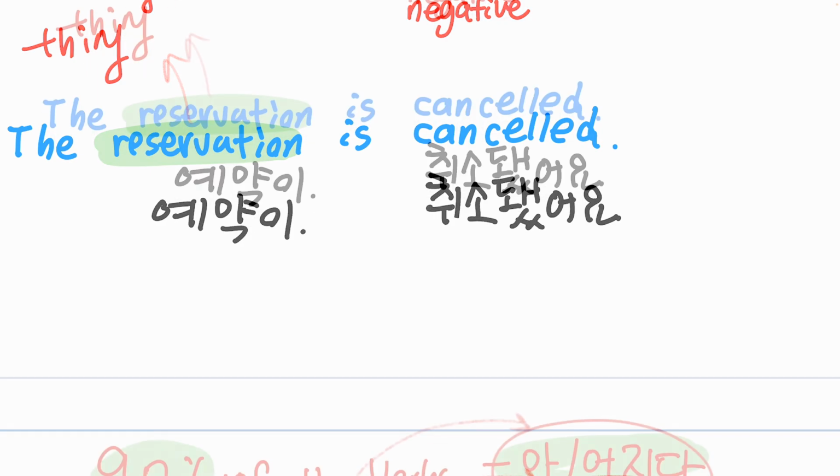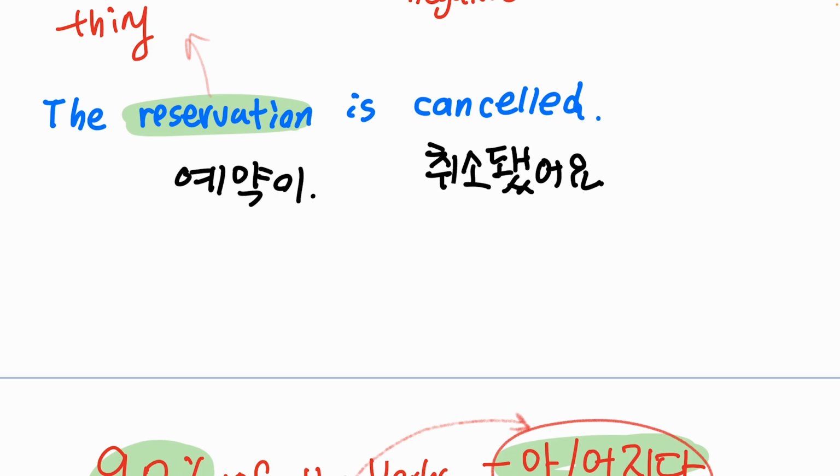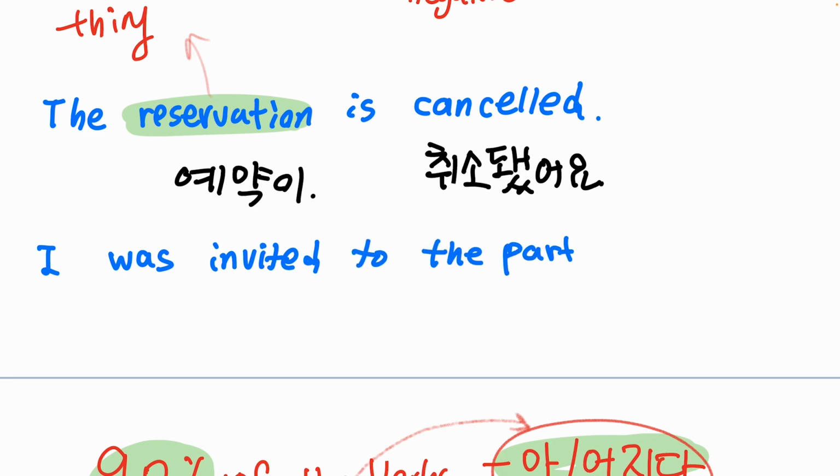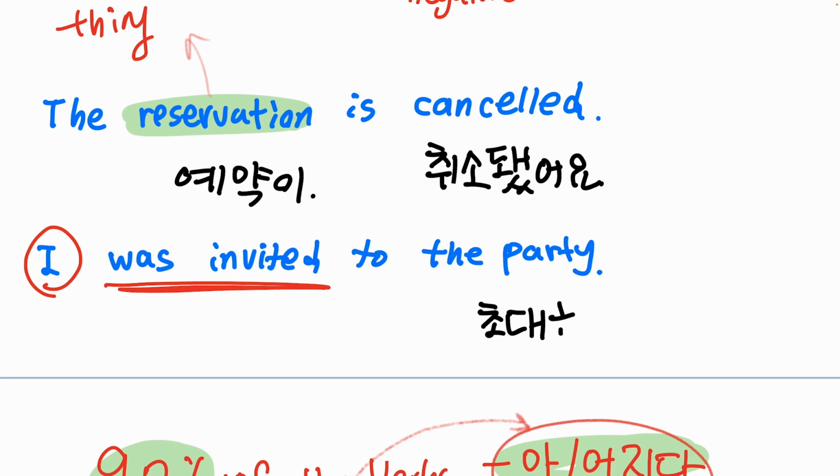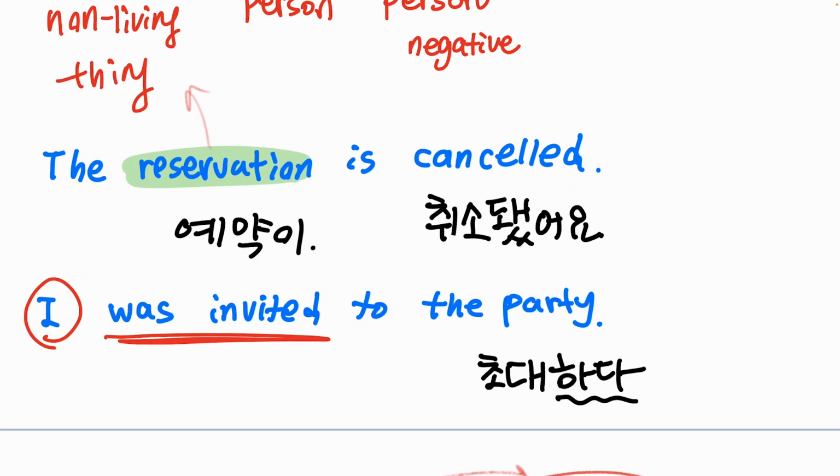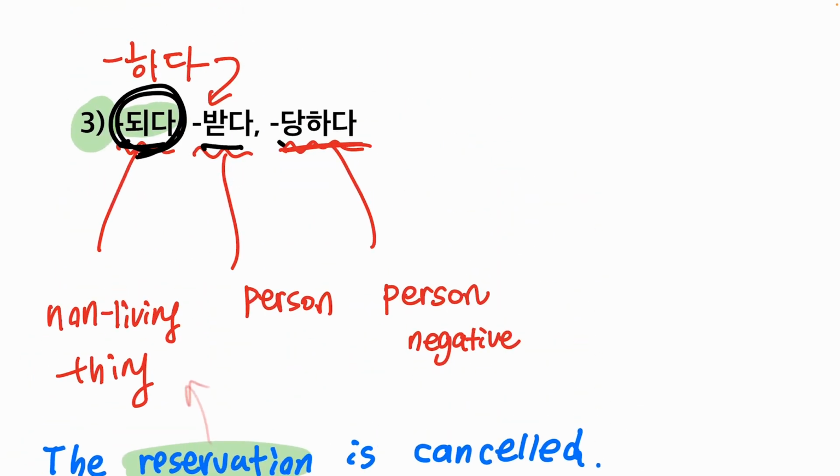And what if you want to say, I was invited to the party? In this sentence, the subject is I. The person that's invited is I. So to invite is 초대하다. Then what would you change 하다 to make it into a passive form? 되다, 받다, or 당하다.